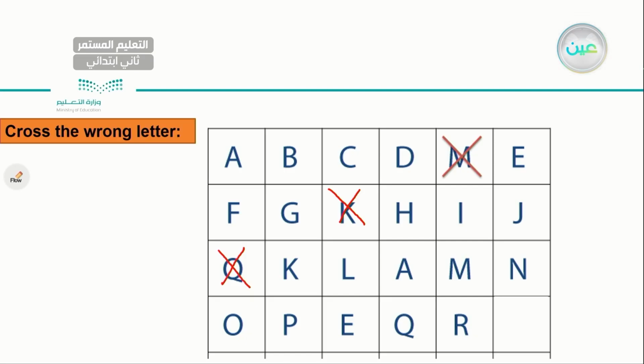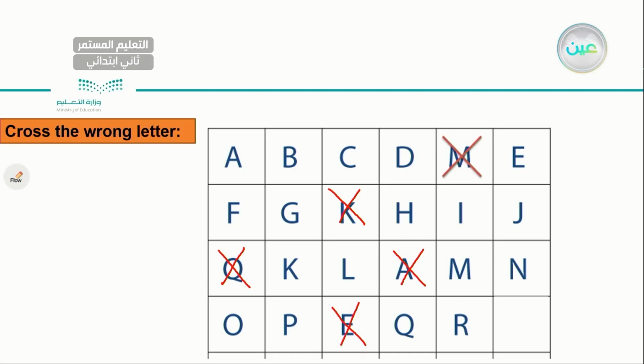Again, I placed letter A, but in the correct order, I have M. So, K, L, M, N, O, P. Again, I put something wrong here, which is letter E, Q, and R.